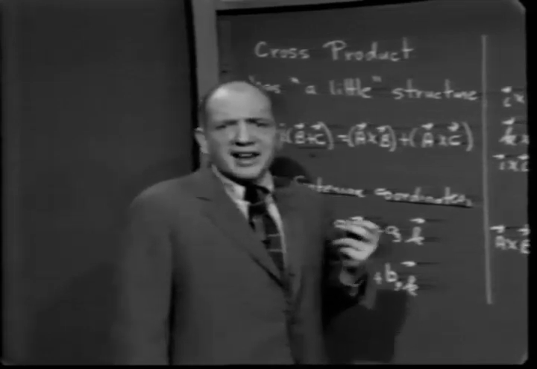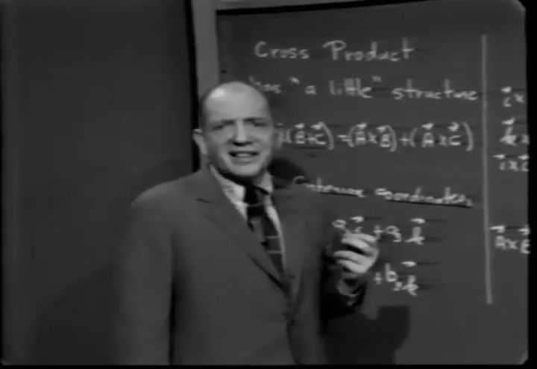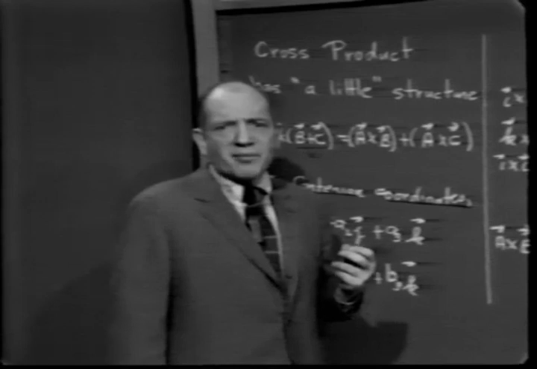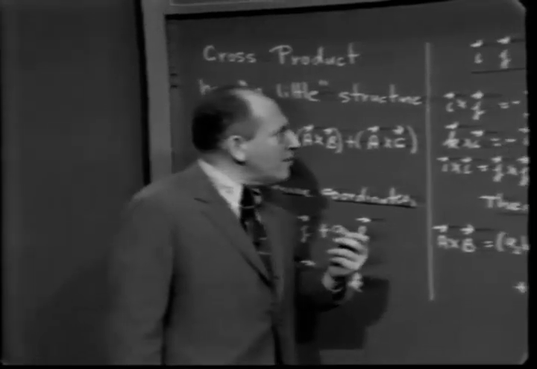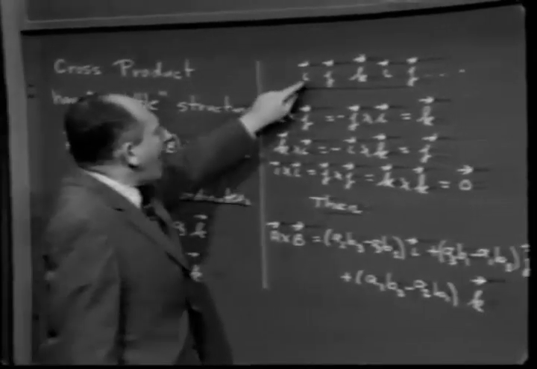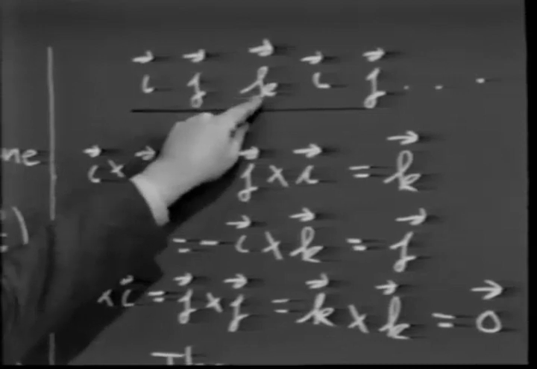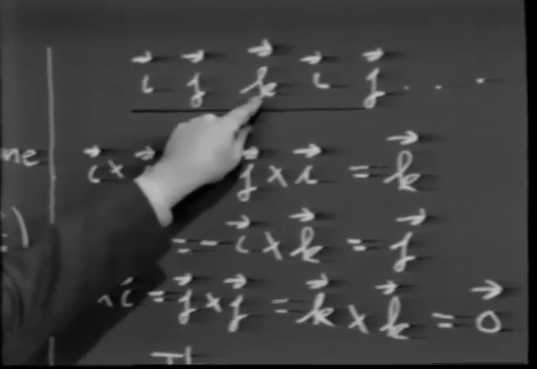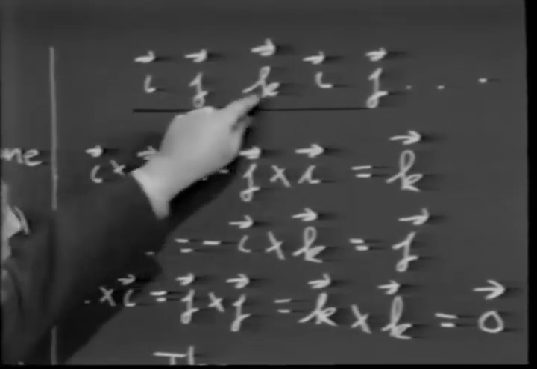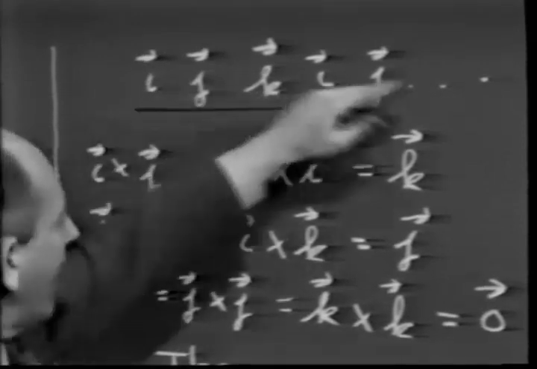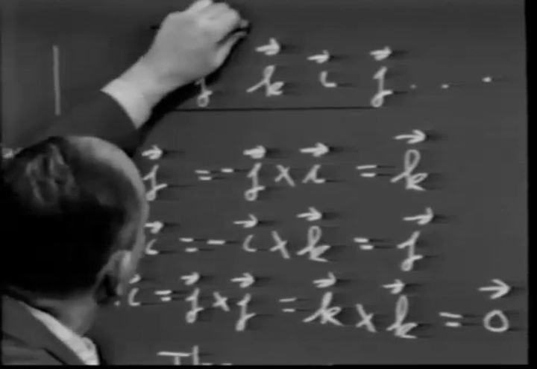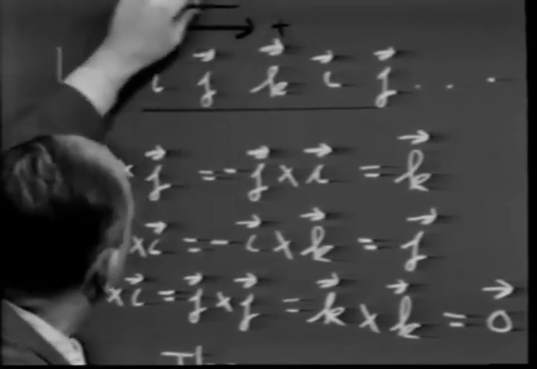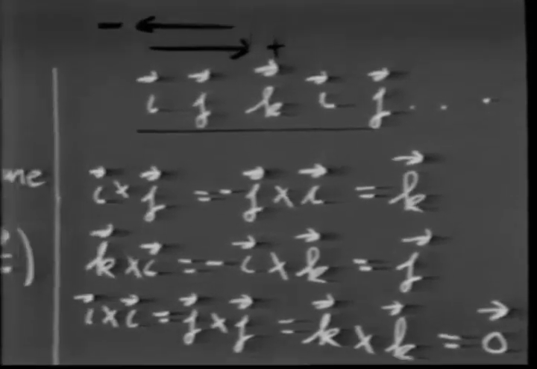The right-handed rule is set up very conveniently, again, to help us with a memory device. The easiest way to remember how these things go is that i, j, and k were set up to form a right-handed system. Write i, j, and k sequentially. See, i, j, k, etc. Call the normal order the positive direction, and the opposite order the negative direction.